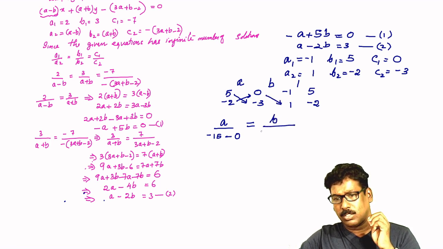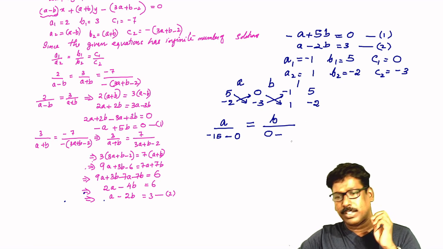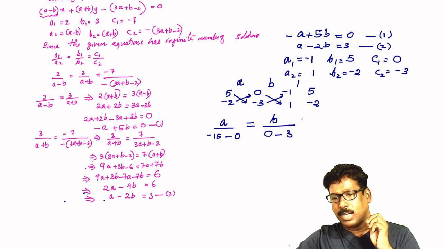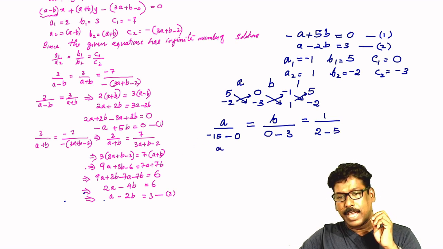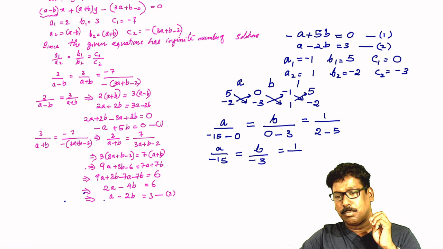First you multiply 0 into 1, which is 0, then minus negative 3 into negative 1, which is positive 3, and that is equal to 1 by negative 1 into negative 2, which is 2, minus 1 into 5, which is 5. Or you can write a by negative 15 is equal to b by negative 3 is equal to 1 by 2 minus 5, which is negative 3.